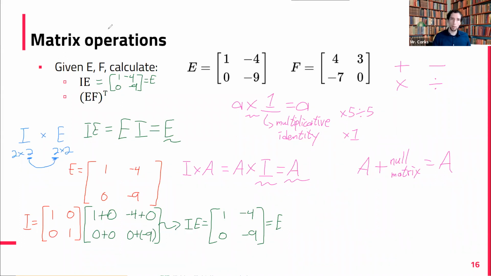So that's why we care about this. That's why we're talking about this identity matrix. It's not just theory, this comes up with a whole bunch of practical applications, which we don't have time to see in this class, unfortunately, but they exist. You can just kind of trust me on that.